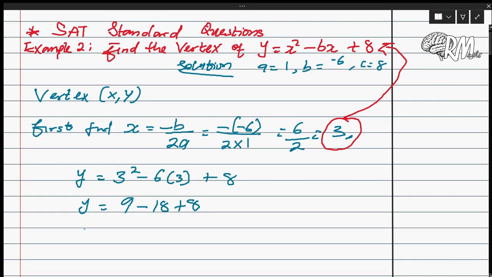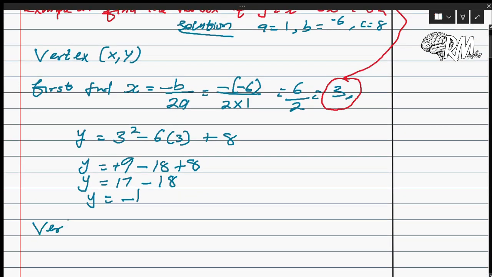So 9 plus 8 is 17, then minus 18. Finally, y equals 17 minus 18 is minus 1. So my vertex, x comma y, gives me 3 comma minus 1. So this is the final answer to this question.